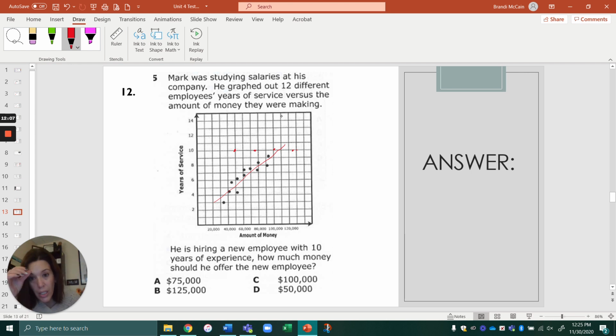This is going to be 100, which is C. Okay, some of these are hard. Okay, this is a C question because C is the best. B is a little too high, so 10 years experience, it wouldn't jump over that much. So that's that one.